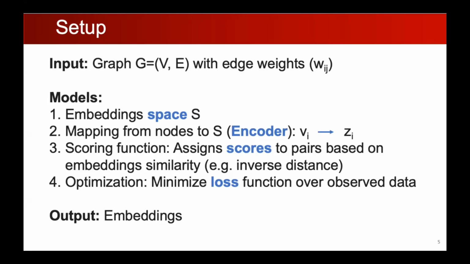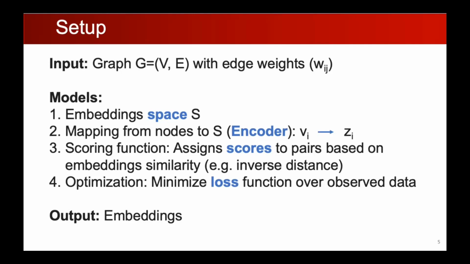The third component is the scoring function, which essentially is going to assign scores to pairs of vertices based on their embeddings. So one could, for instance, take the negative distance or inverse distance or inner products. There are different ways to measure this similarity, but the intuition is that it should assign a similarity score to pairs of vertices. And finally, the fourth component is the choice of a loss function, which will be used to train the embeddings.